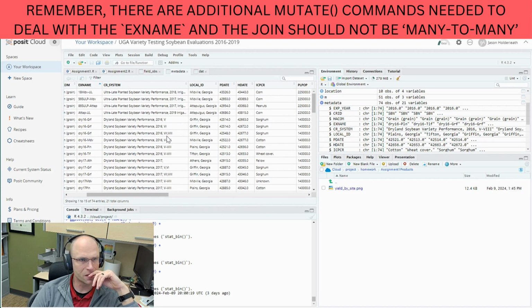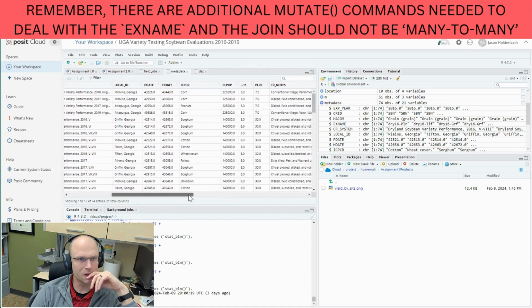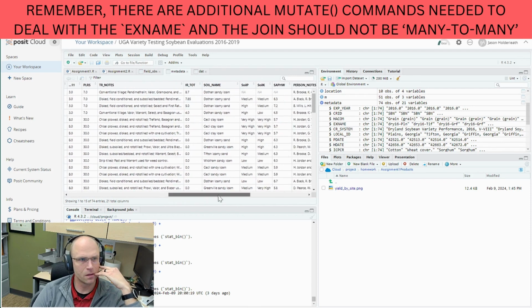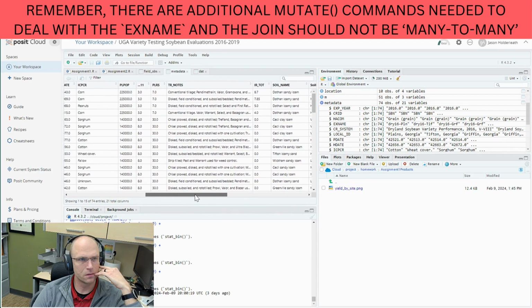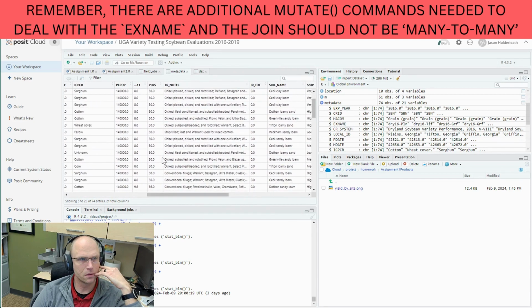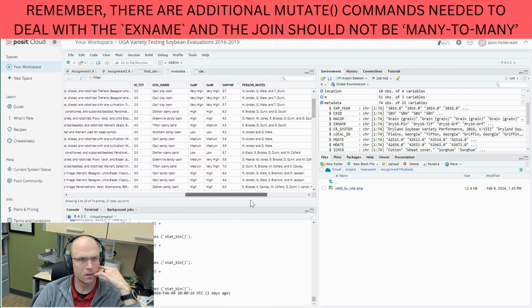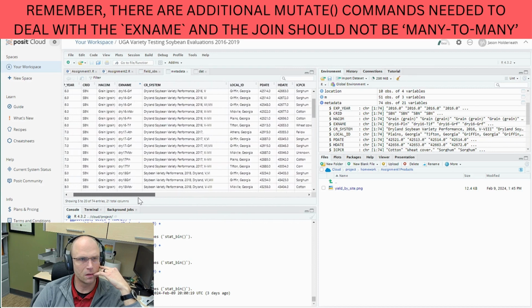Looks like there's possibly some difference, mostly in planting date. It's all sorghum as previous crop. Population was the same. Irrigation is the same. Soil name's the same. Okay.